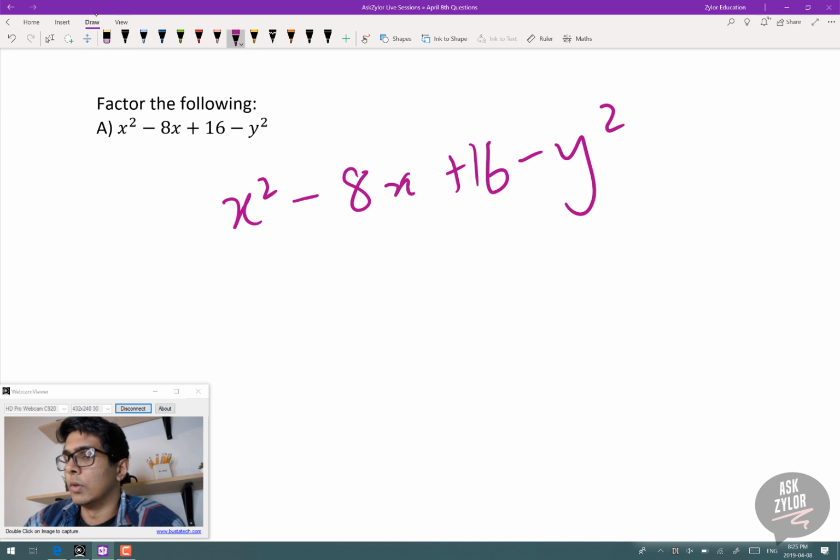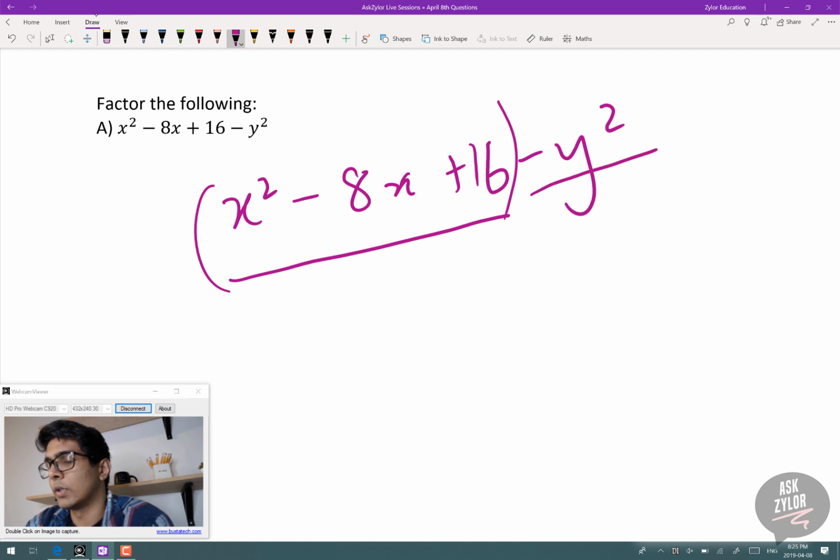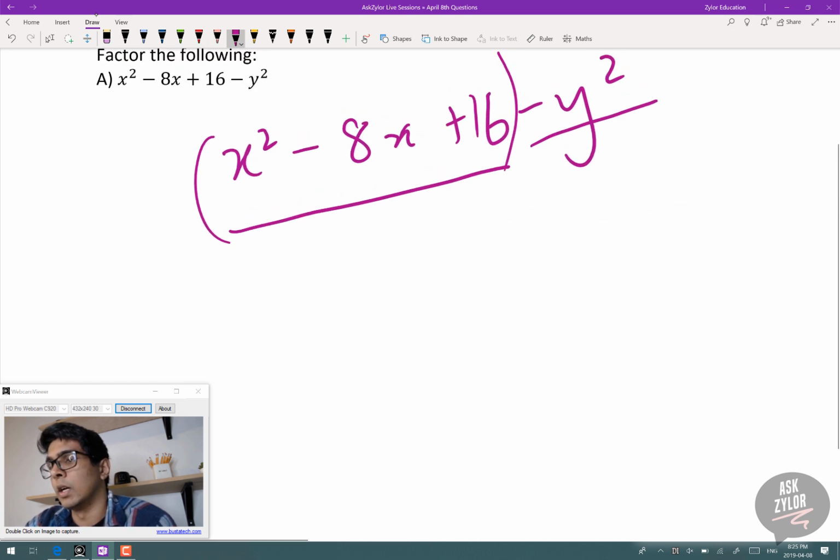Right? So as soon as we look at this, we should identify one thing: my first three terms look like a proper trinomial, and there's a minus y squared, so I'll leave the minus y squared till the end. And I also recognize that the first three terms are a perfect trinomial. Right?